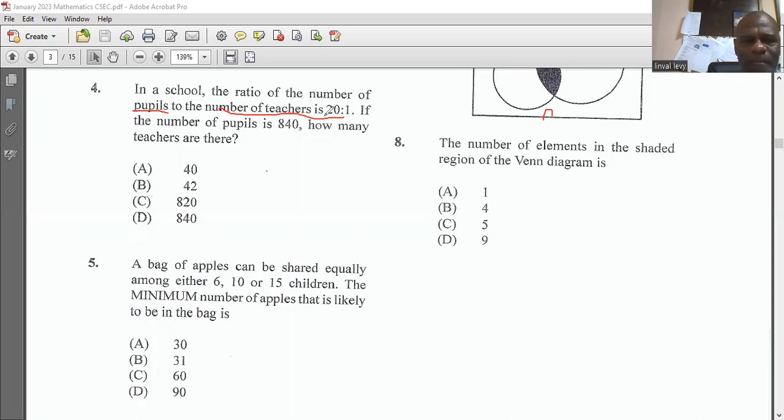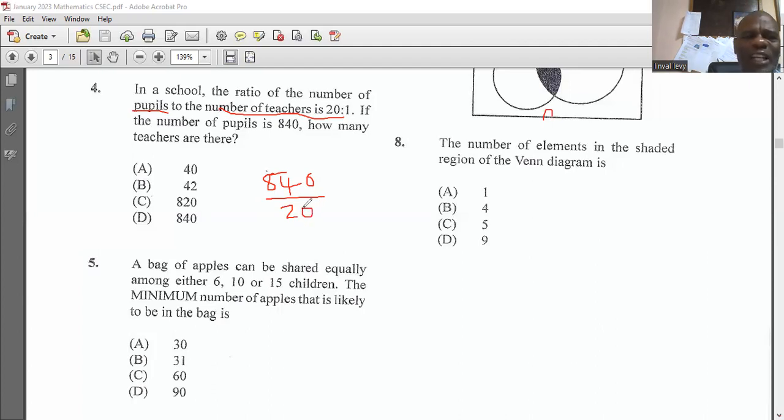All right, so in this case, we are going to divide 840 by 20.